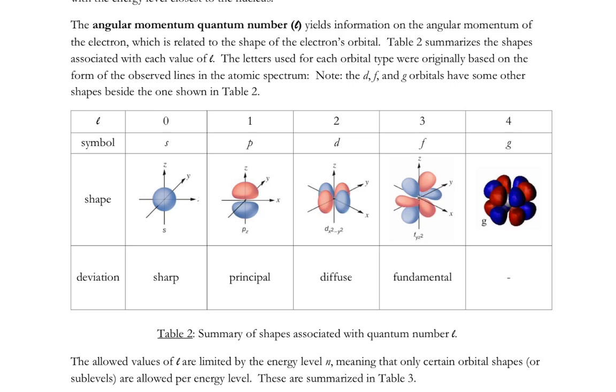When l is 2, we have those d orbitals, and they have bizarre shapes. They have more complex shapes. What we see in the picture is one of the possible d orbitals. And then the shapes just get more and more complicated as we go to larger values of l.